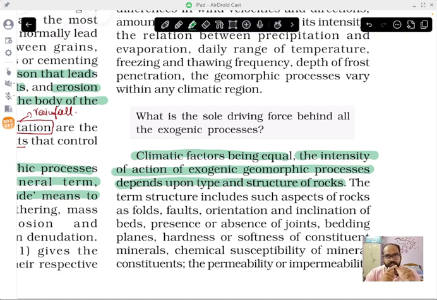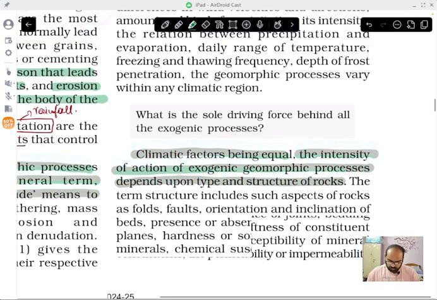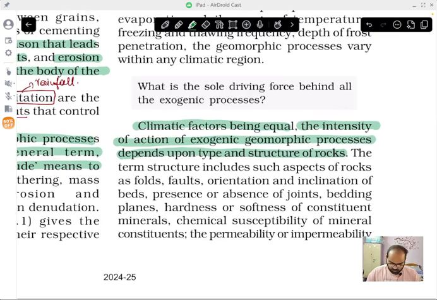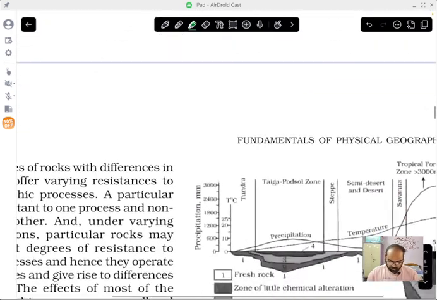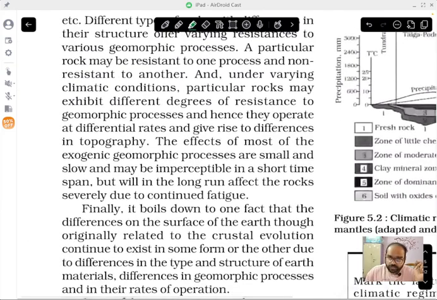So exogenic processes operate differently from climatic region to climatic region, and within the same climatic region. Even though the climatic factors are equal, they operate differently because these exogenic processes also depend upon the type and structure of the rock. So that's what it is saying.